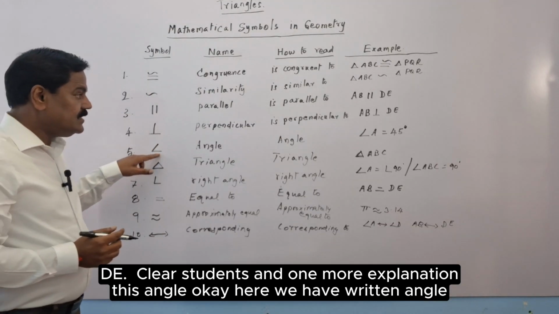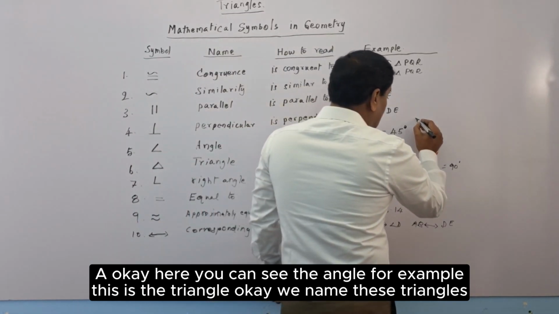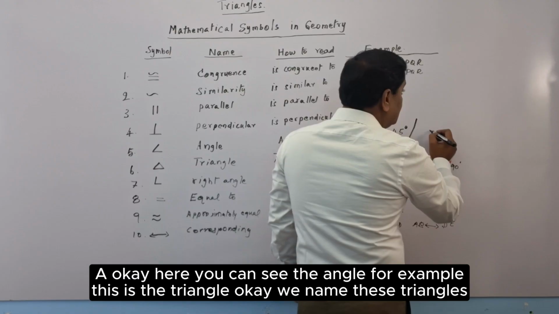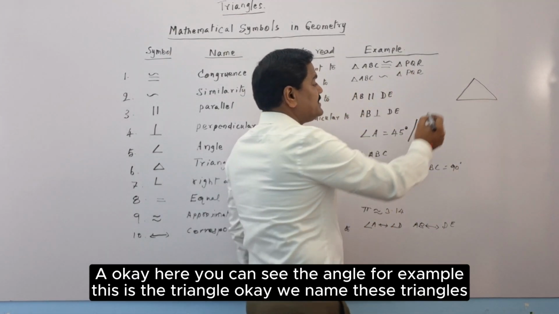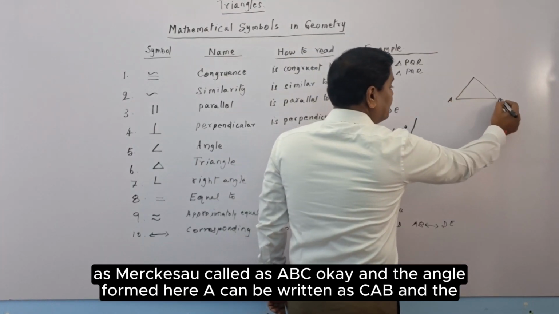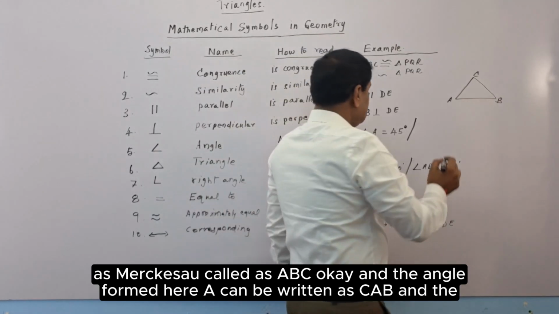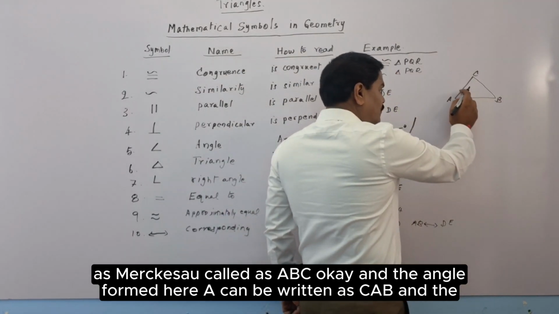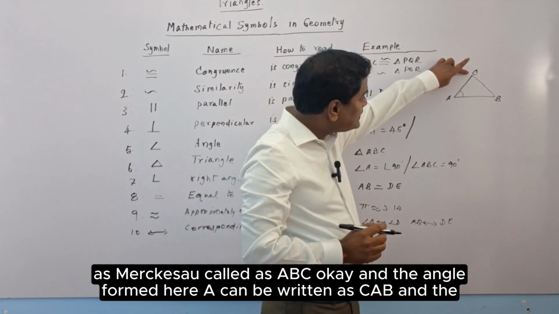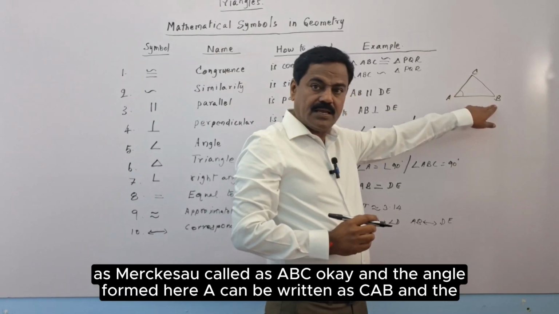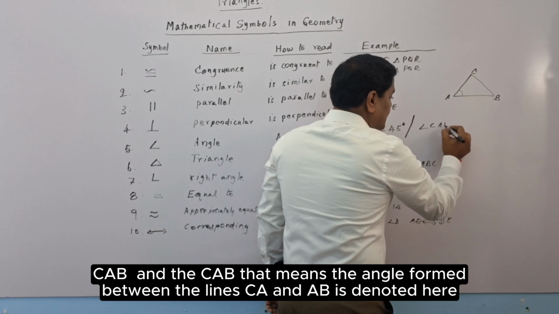And one more explanation, this angle. Here we have written angle A. For example, this is the triangle. We name the vertices as ABC. The angle formed here at A can be written as angle CAB.